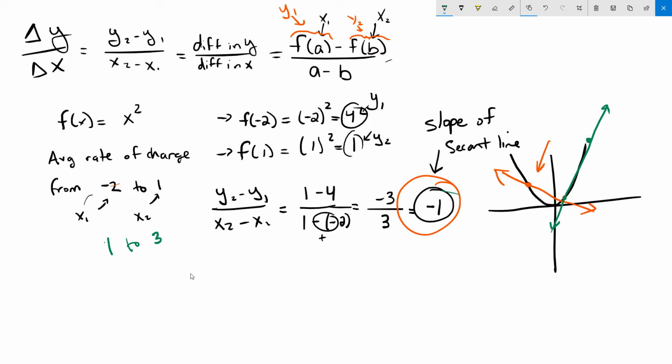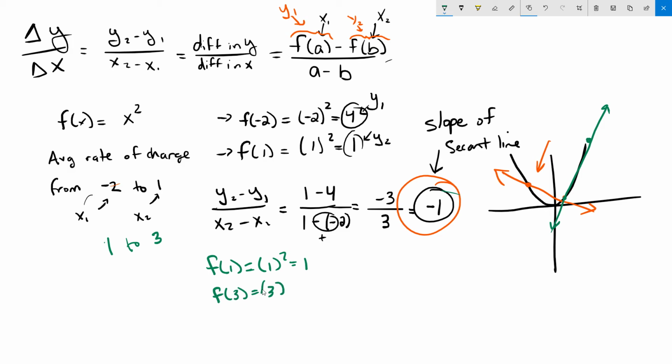Let's go ahead and solve this real quick just to make sure you guys understand this. So let's plug in 1 into our function. So f of 1 is equal to 1, like we saw up here, right? So it's just 1 squared, which equals 1. Now let's plug in 3.